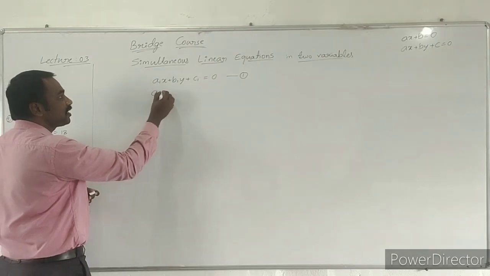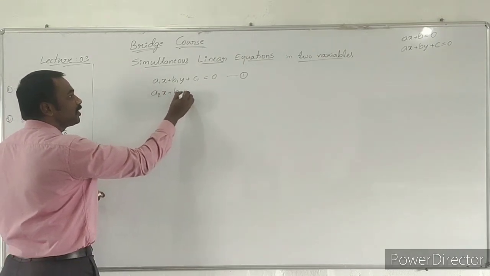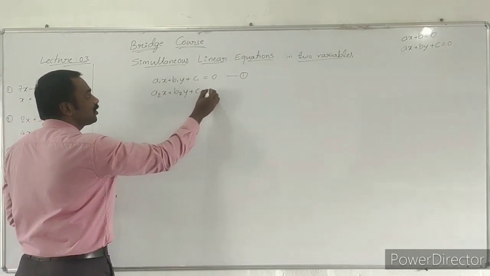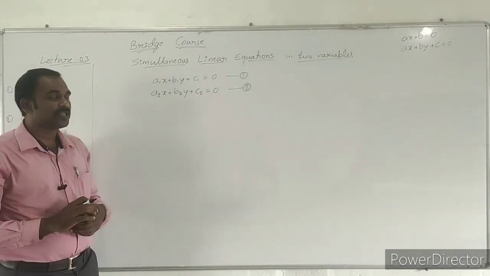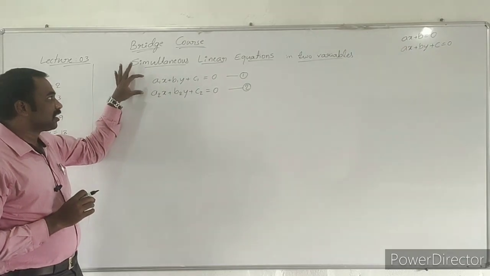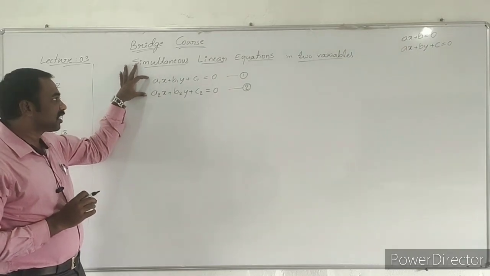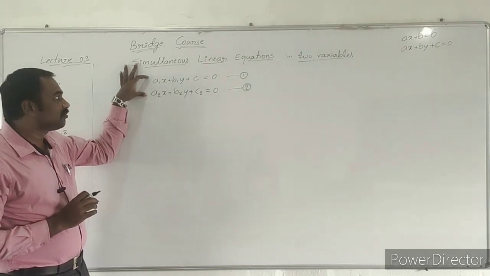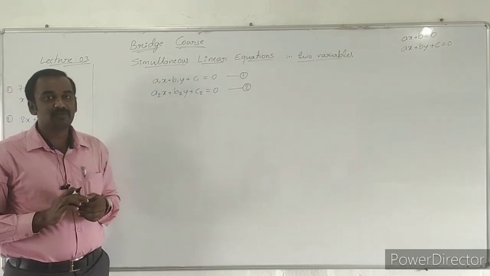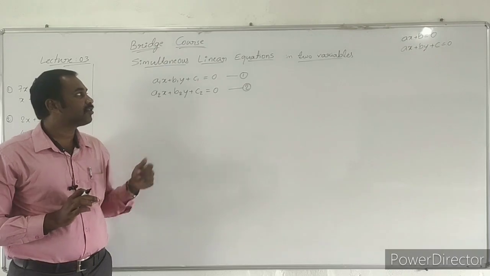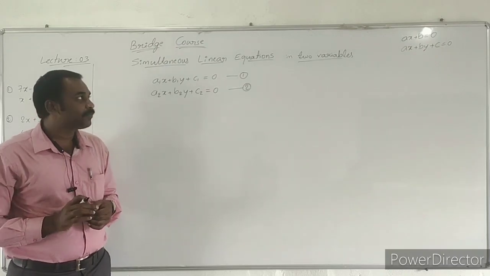And the second equation a2x plus b2y plus c2 is equal to 0. Call this equation number 2. So combining them, I am taking two equations involving the two variables x and y. It is said to be simultaneous linear equations in two variables.